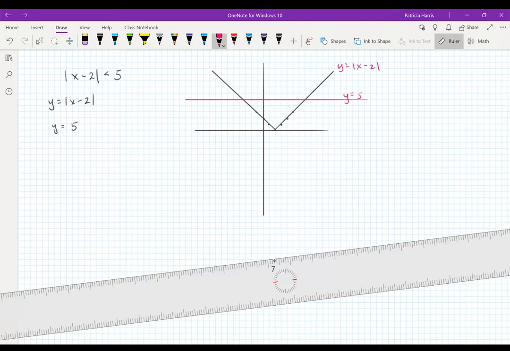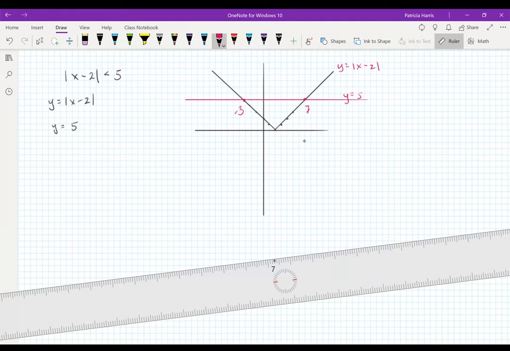Okay, so since we're looking for kind of between, so x is less than, notice that these two graphs cross each other at, let's see, that is 1, 2, 3, negative 3. And let's see, 2, 4, 6, 7.